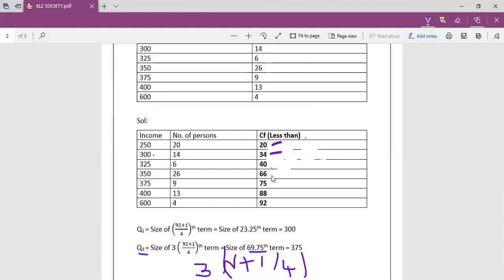So your 69.75th term is going to come after 66 but before 75. Now you need to locate 69.75th term in your table. It will fall somewhere here. Hence, the size of 69.75th term is 375.